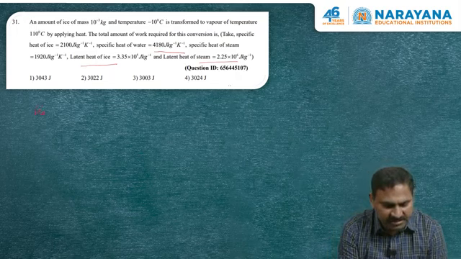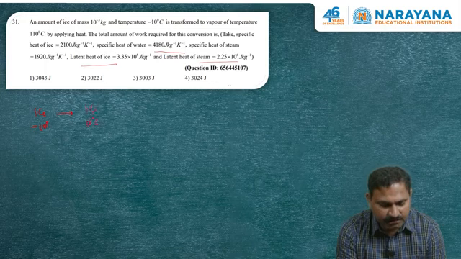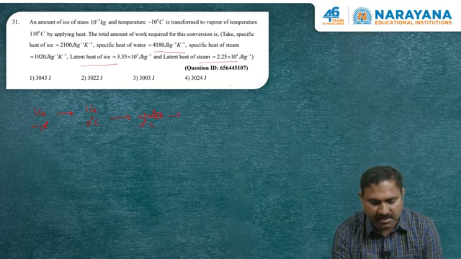Initially ice is at minus 10 degrees centigrade. Now we need to convert ice from minus 10 to 0 degrees centigrade. Again 0 degrees centigrade ice to be converted into water, water of 0 degrees centigrade. 0 degrees centigrade water should be converted into 100 degrees centigrade water.